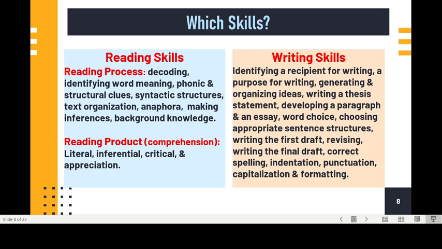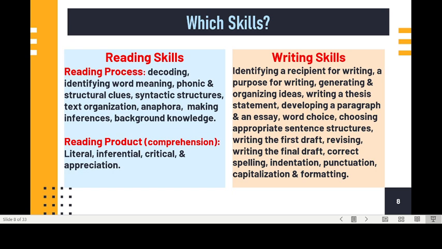They have to identify phonic and structural clues, understand syntactic structures, text organization, anaphora. Anaphora means connecting pronouns with the noun they refer to, making inferences and using their background knowledge about the topic of the text.